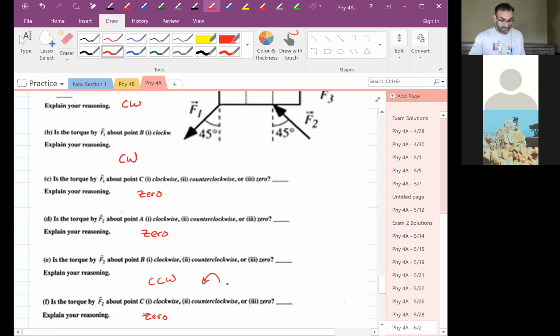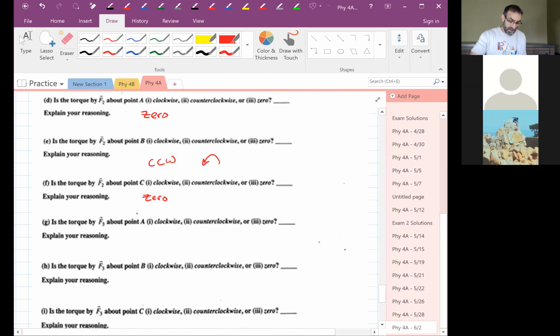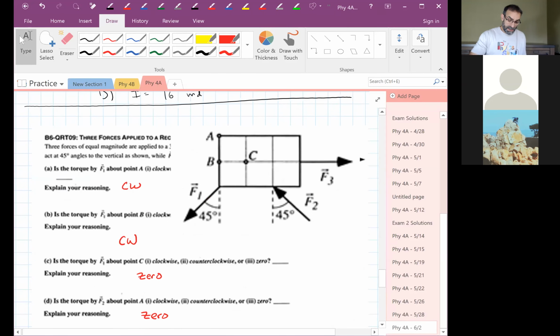That way. Last one is F3, about axis of rotation A.